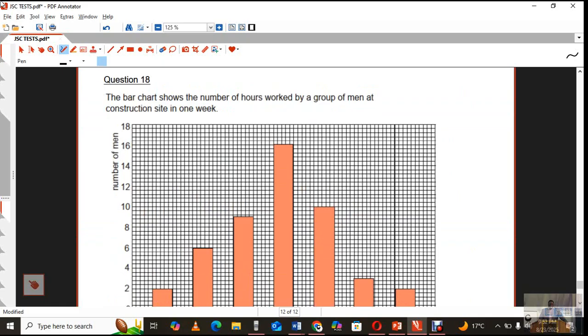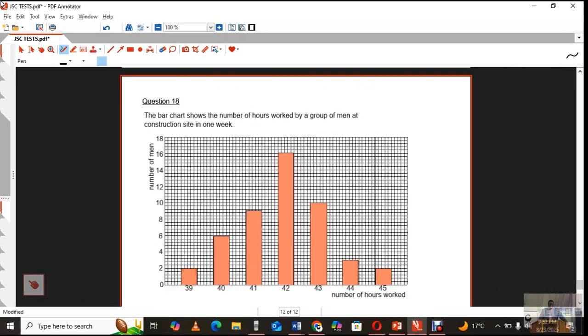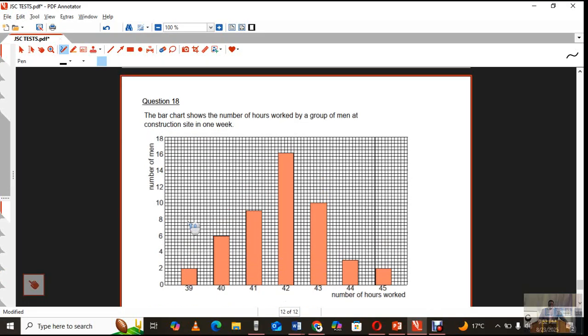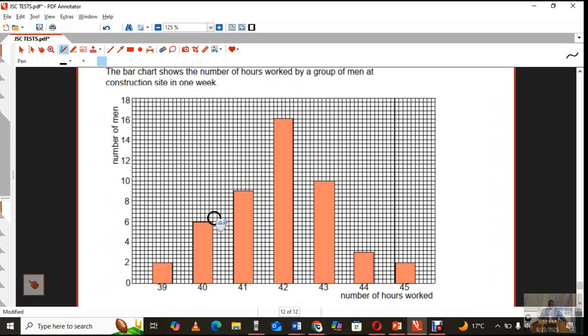Good. Question 18. Now, this is showing the number of hours worked by a group of men at a construction site. And if you have to look at it nicely, on the y-axis, it shows the number of men. And on the x-axis, it shows the number of hours that they worked. All right, so let's just then see. Let's enter the number of men here.